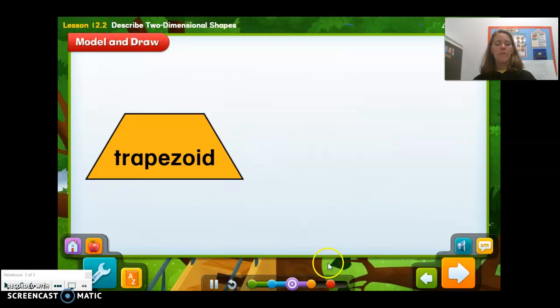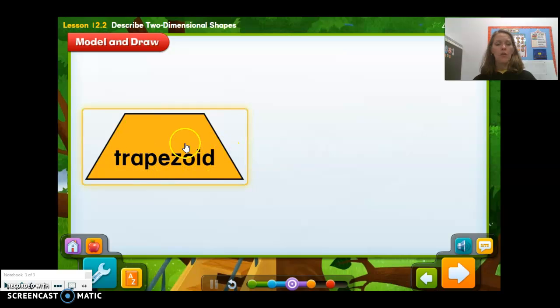This two-dimensional shape is called a trapezoid. It has straight sides. How many sides does a trapezoid have? Click to count them. So hopefully you're going 1, 2, 3, and 4. It has 4 sides.